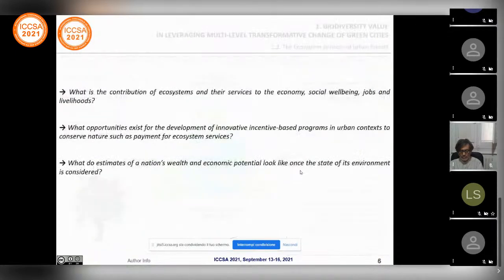But the question at the basis of this research can be: what is the contribution of ecosystems and their services to the economy, social well-being, jobs, and livelihoods? What opportunities exist for the development of innovative incentive-based programs in urban contexts to conserve nature, such as payment for ecosystem services? And what do estimates of national wealth and economic potential look like once the state of its environment is taken into account in the logic of policy management of the territory?